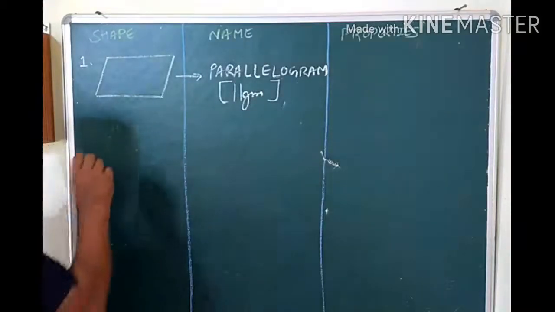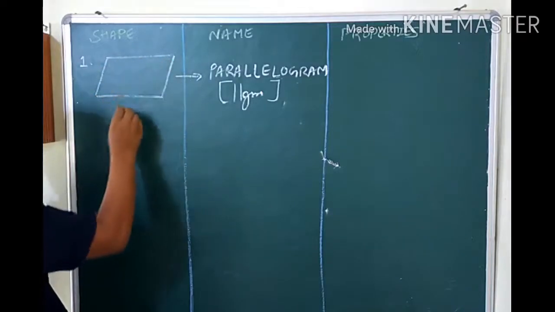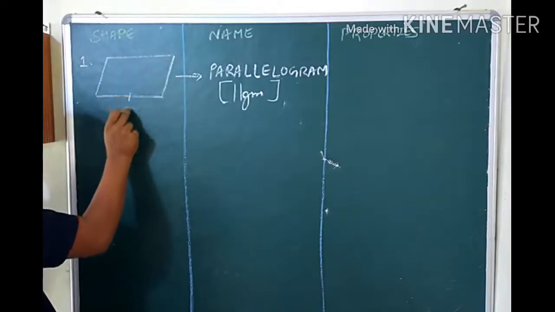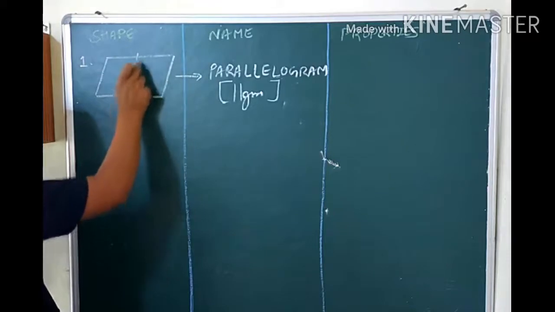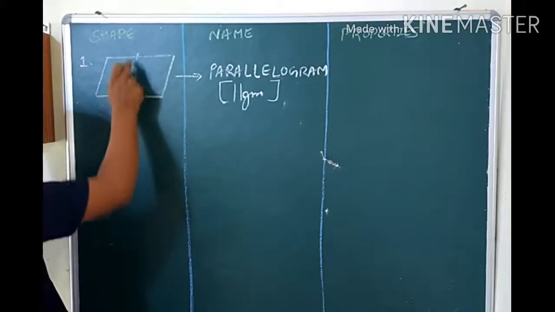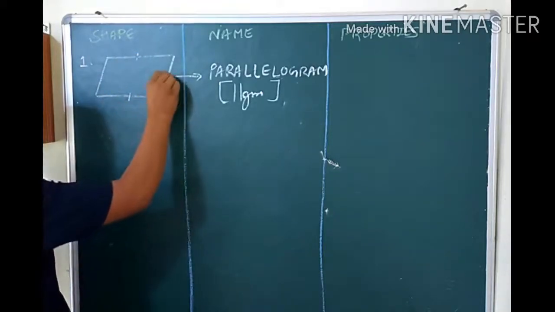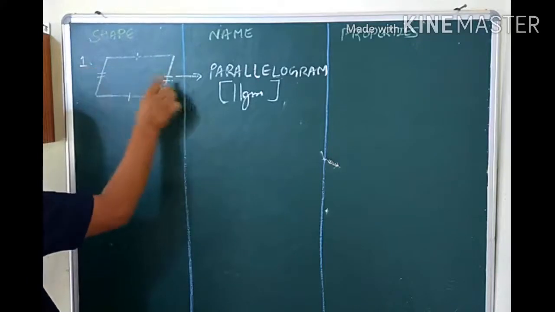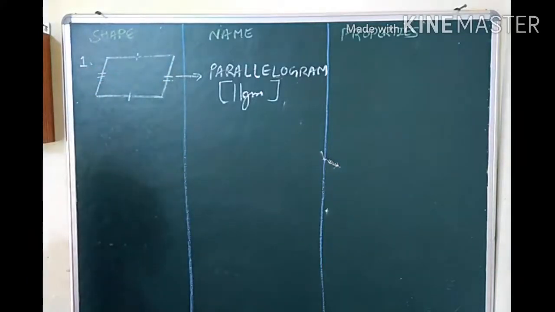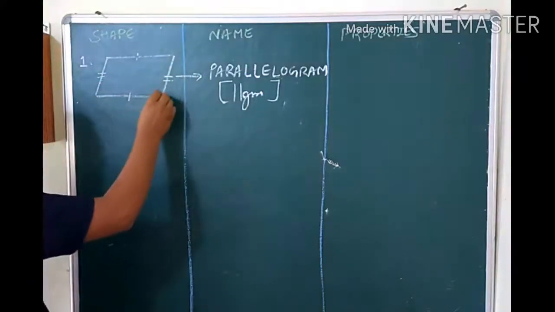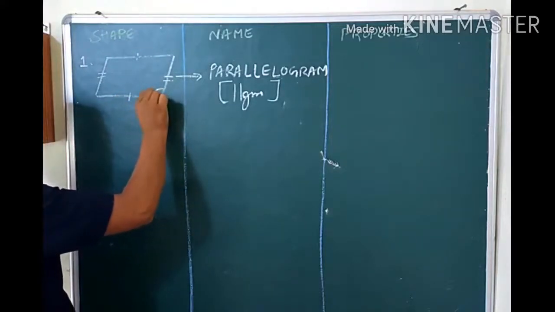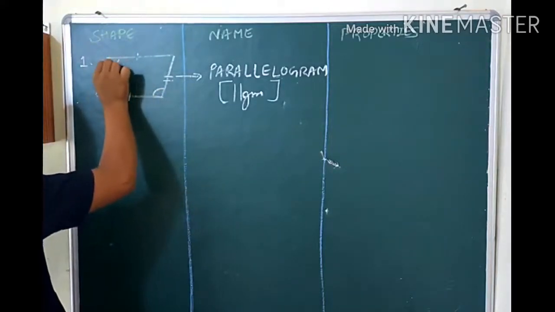Children, always remember, in the parallelogram, this one side and this second side, the opposite sides are always equal. And these 2 opposite sides, this one and this one, are also equal. Now, you also learn this angle is equal to this angle.